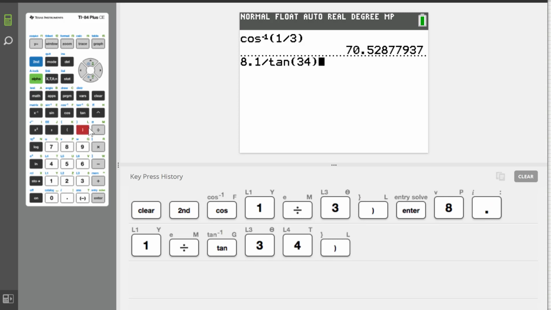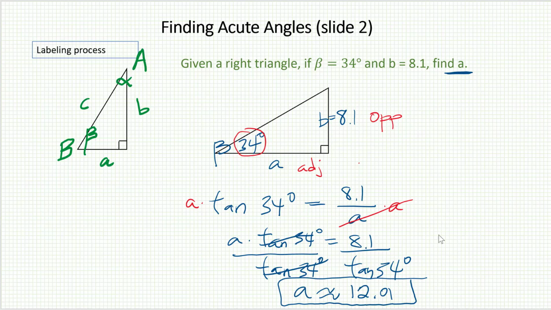The calculator understands that to be in degrees. And here's my measurement. Right about 12 is the answer. 12.01, I guess, rounded to two places. Notice I didn't use an inverse trig function this time because I wasn't looking for an angle. I already had the angle. So again, A is about 12.01.